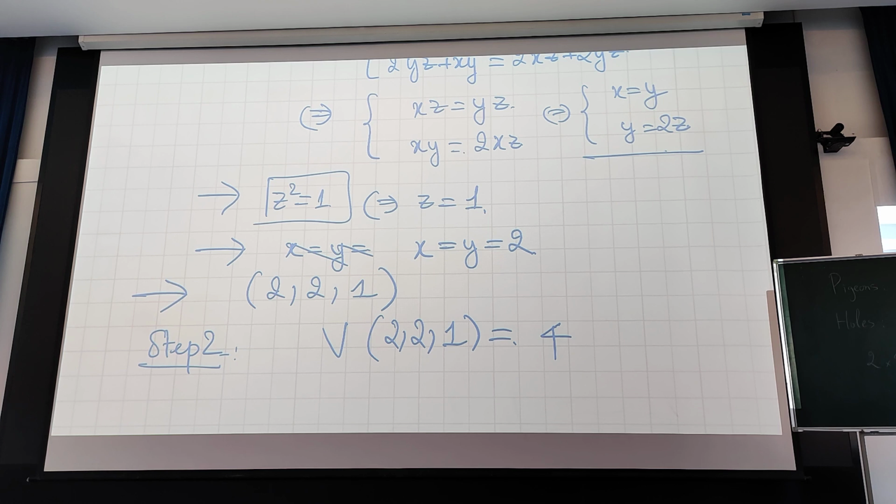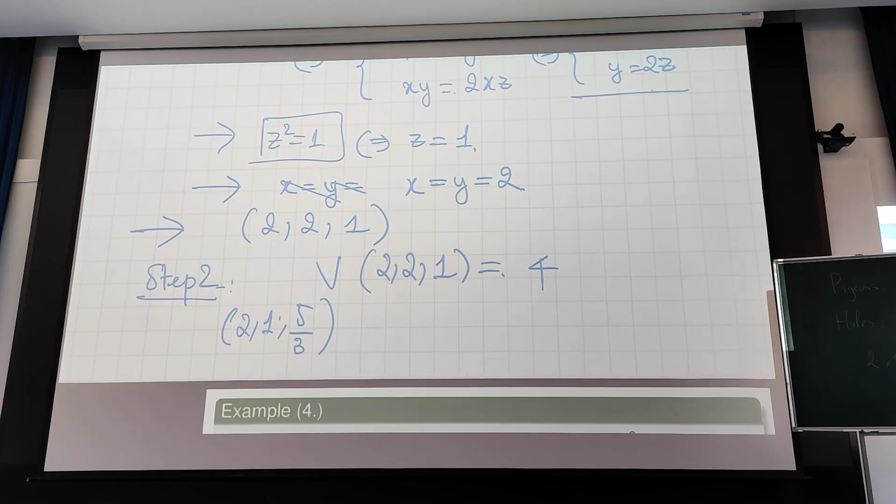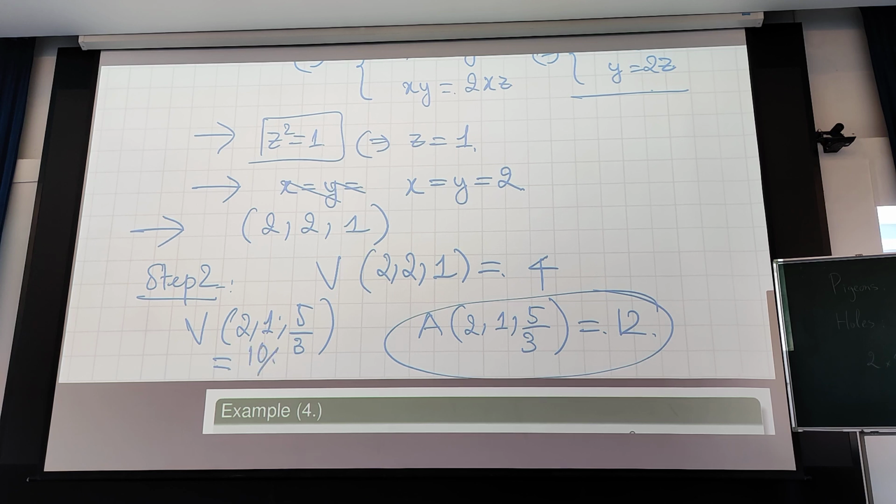So now I take an arbitrary point such that we have 2, 1, 5 equal to 12. So let's find the value of f at this point, and it is equal to 10. This one is less than this value.